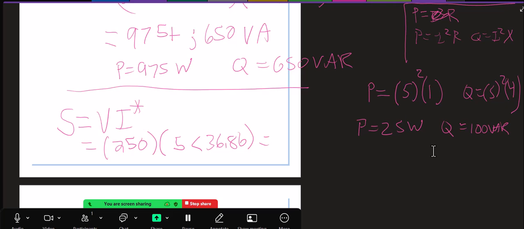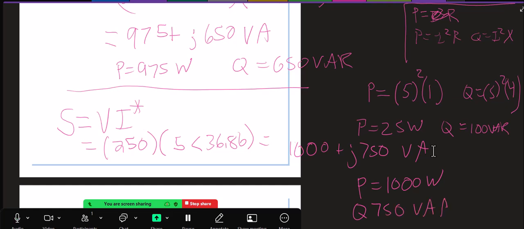And this equals 1,000 plus J750 VA. So the average power is 1,000 watts and the reactive power is 750 volt amp reactive.